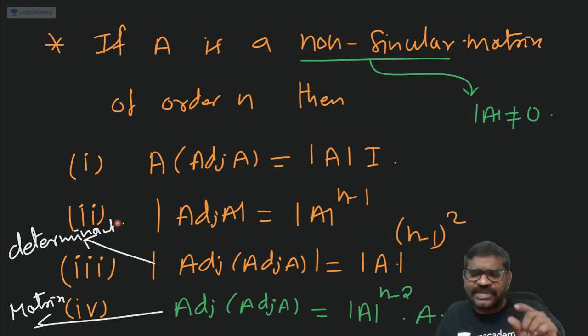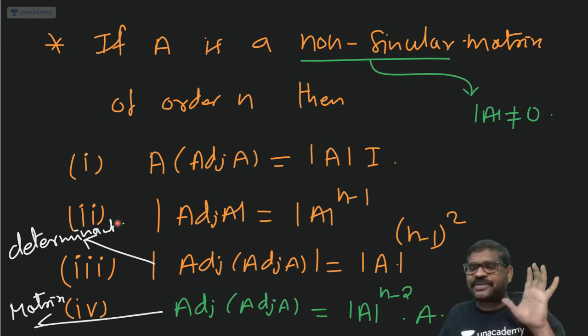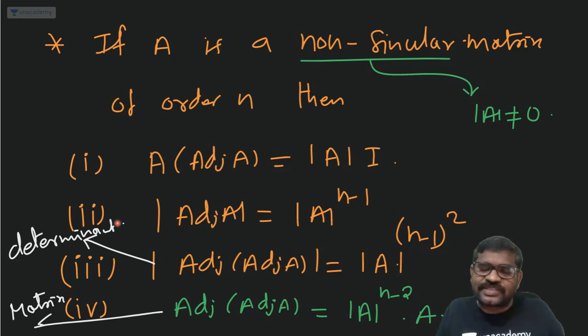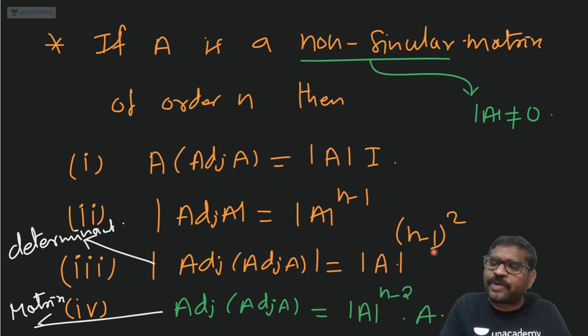Matrix is different, determinant is different. Okay? Now, adjoint of adjoint A is det A whole power n minus 2 into A. Determinant of adjoint of adjoint A is det A whole power n minus 1 whole square. Understood?